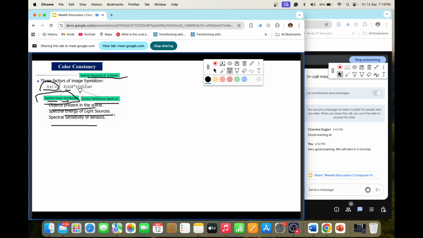Again, one is the spectral energy of the light source, second is the object present in the scene, and third is the spectral sensitivity of the sensor. By this we can form the image.